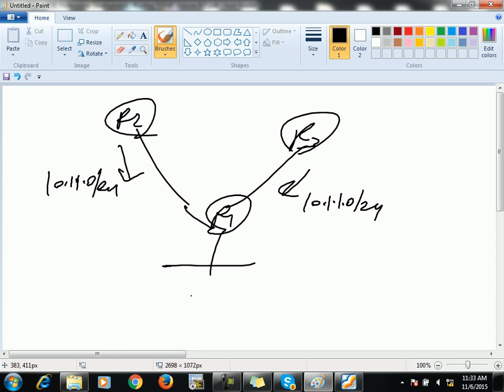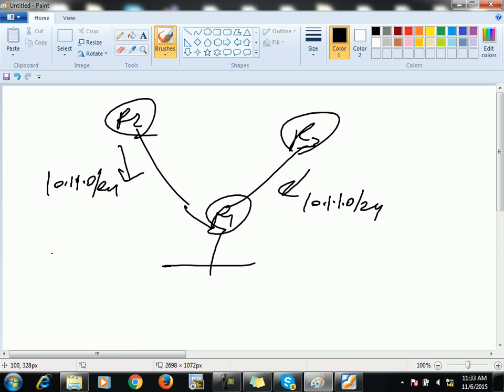So the next attribute that it will compare will be local preference. And one more thing: weight will never be carried forward within BGP updates, either to an IBGP neighbor or an EBGP neighbor.